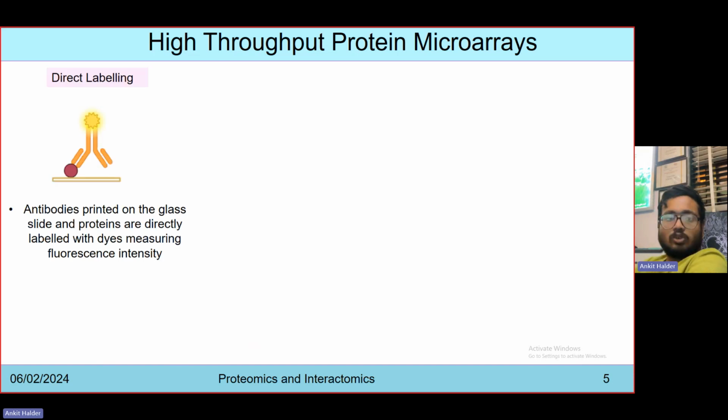We talked about it in the previous week itself. This is just to have an idea about the different microarray-based techniques that can be used, which would help us with the understanding and identification of certain protein biomarkers, and what those protein biomarkers are that can be used across.